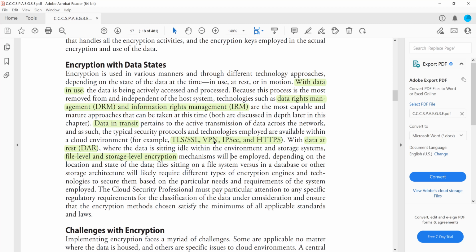But I don't want to give you the details of why I don't like IPsec in transit, because it will be somewhat technical, and it's not the scope of CCSP. It can be CISSP. IPsec requires a configuration between two devices. I will not be able to initiate an IPsec tunnel between two devices without enabling connectivity and configuring IPsec.